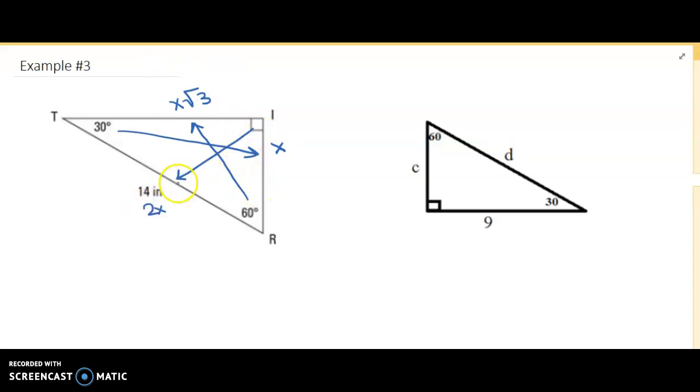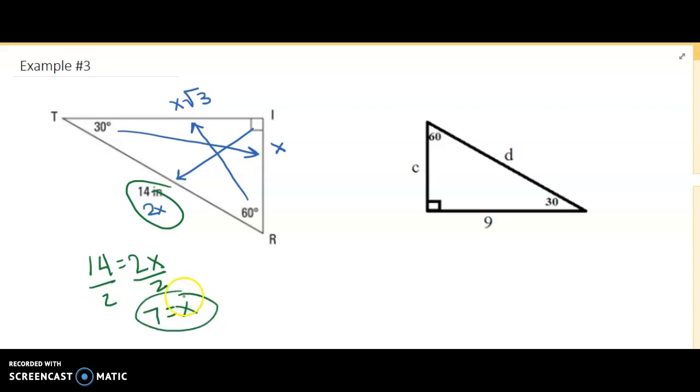So I know that 14 has to equal 2x in order to solve for x. 14 equals 2x, divide by 2, I get 7 equals x. After I have my 7, life is a lot easier because now I can just plug it in. If this side is x, I substitute 7 for x. If this side is x times square root of 3, I substitute 7 for x and get 7 square root of 3. Here are my 3 sides.